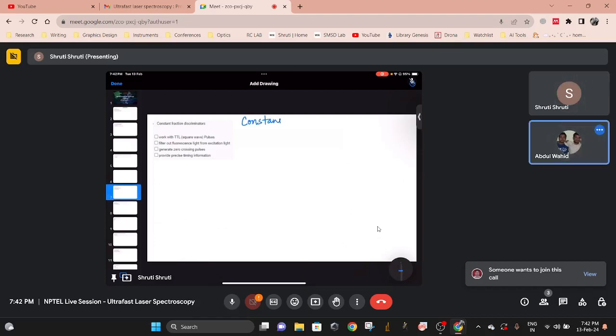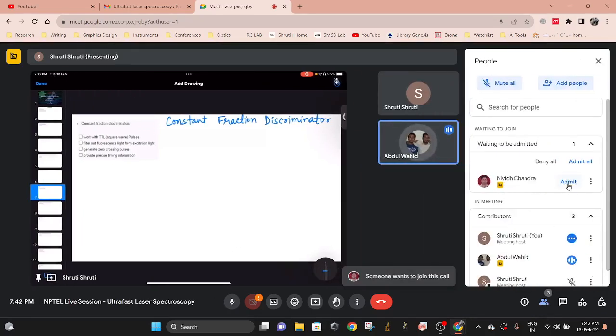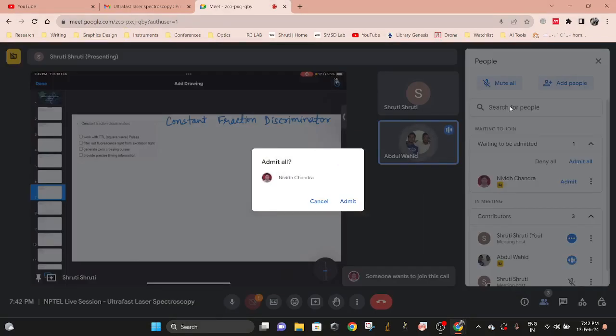Ma'am, this is the kind of measurement through which we can measure the lifetime of a given sample, from 100 picosecond down the line to 100 nanosecond, and we are basically using one diode laser.